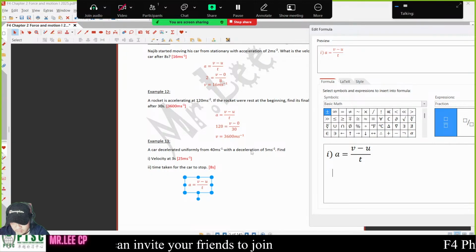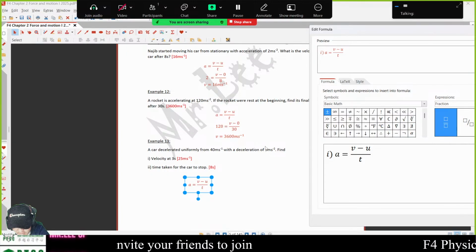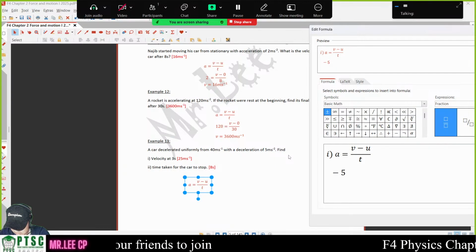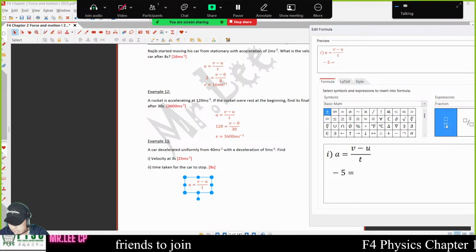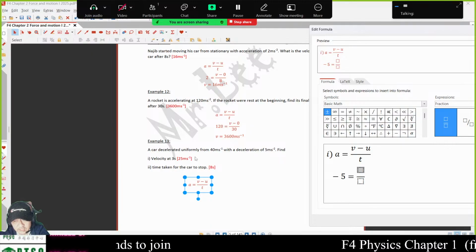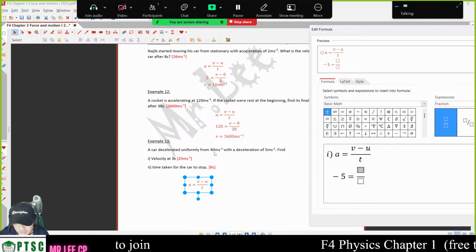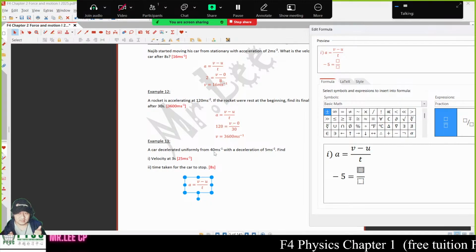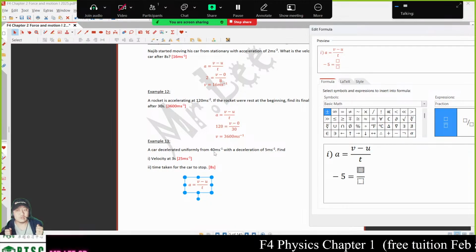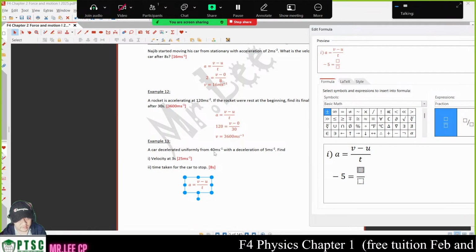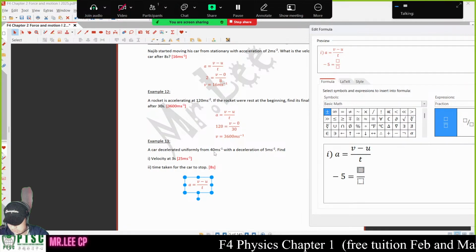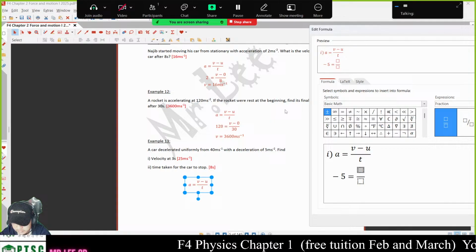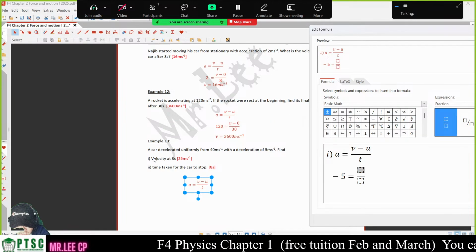So a is equal to v minus u over t, at number 1. Now, a, deceleration of 5. This one is a deceleration, so it is negative 5. So a car at first decelerates from 40, slows down and stops. Initial is 40. Final velocity at 3 seconds, I don't know.